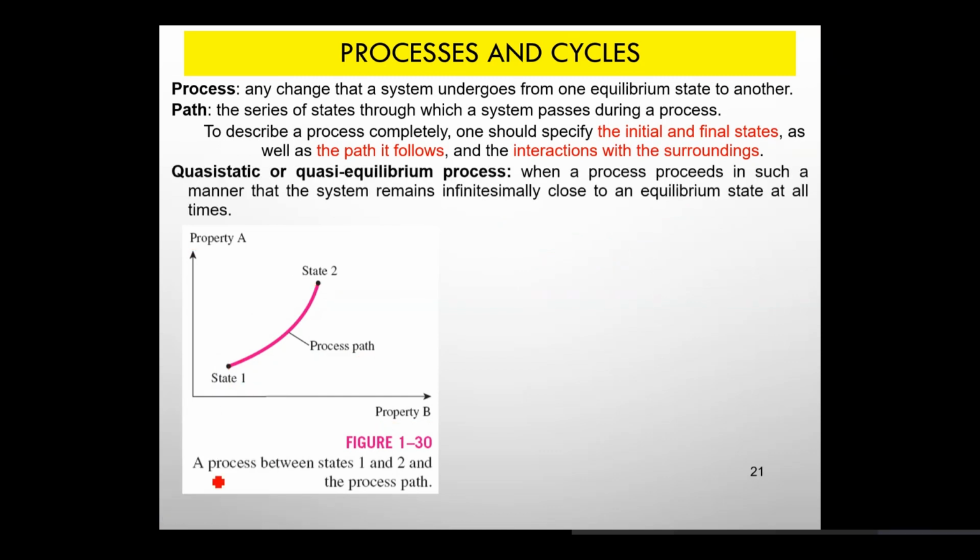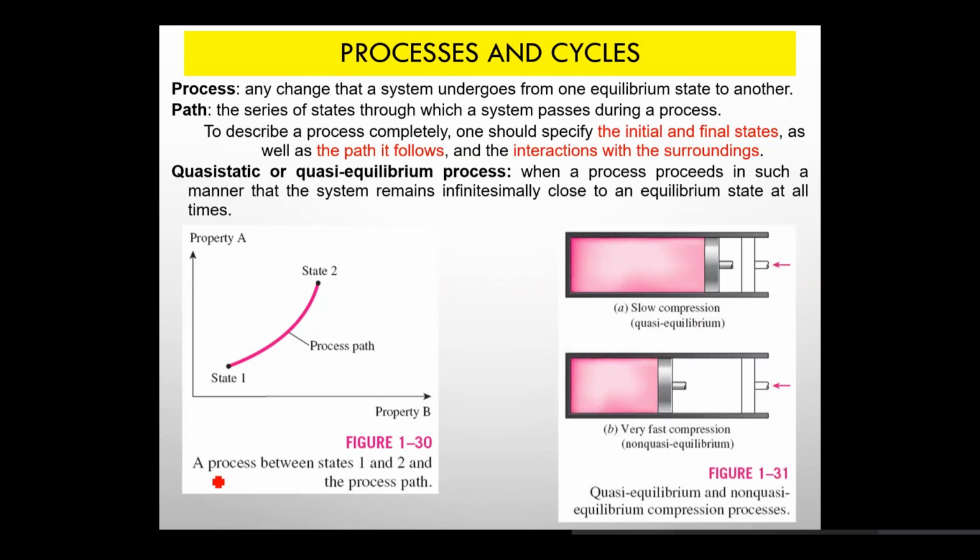So the process which is done in such a manner that equilibrium is not disturbed at any time is known as a quasi-static or quasi-equilibrium process. And in this case, the upper process, which is slow compression, is basically the quasi-static process. And that is the process that you can represent on the property diagram. Clear?